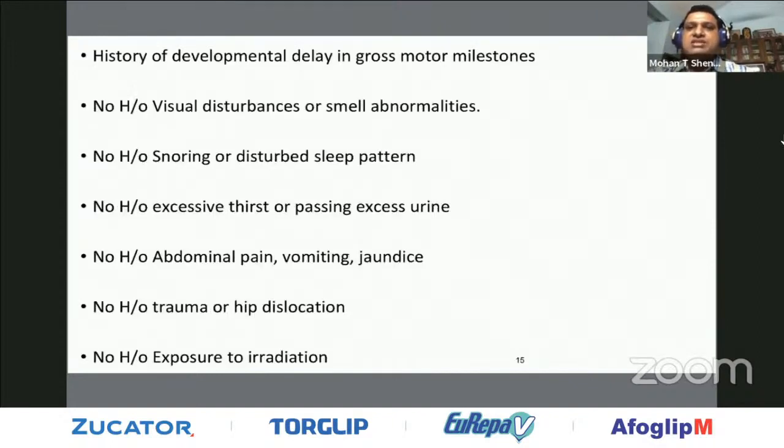There was a history of developmental delay in the gross motor milestones. In the neonatal period also, he was having hypotonia. No history of visual disturbances, abdominal pain, hypothalamic issues, or exposure to radiation. Because of the weight gain, history of trauma or hip dislocation was asked, and that was not there.